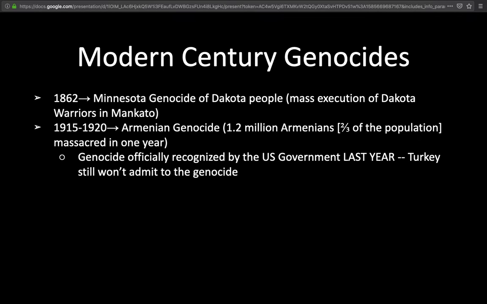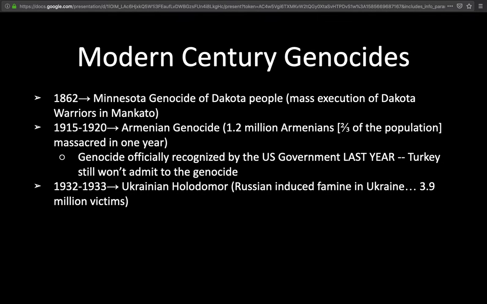The interesting and horrible part about this one is that it was not officially recognized by the U.S. government until last year. And Turkey, even though we have actual physical evidence of mass graves and of what happened, still won't admit to perpetrating the genocide and still holds that the Armenians overinflated the number of people who died.